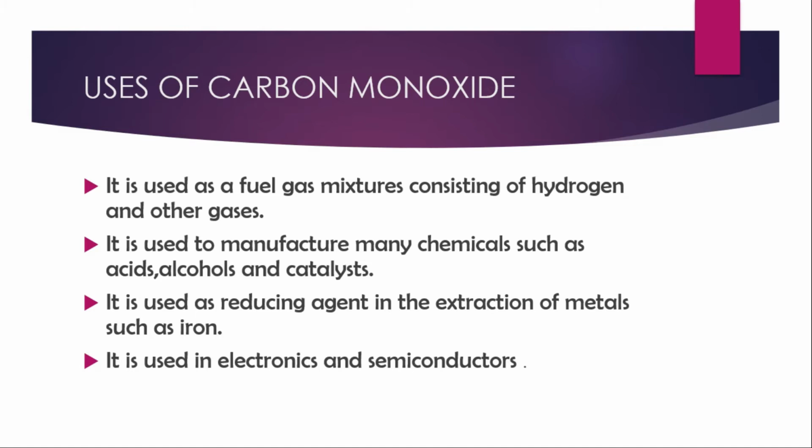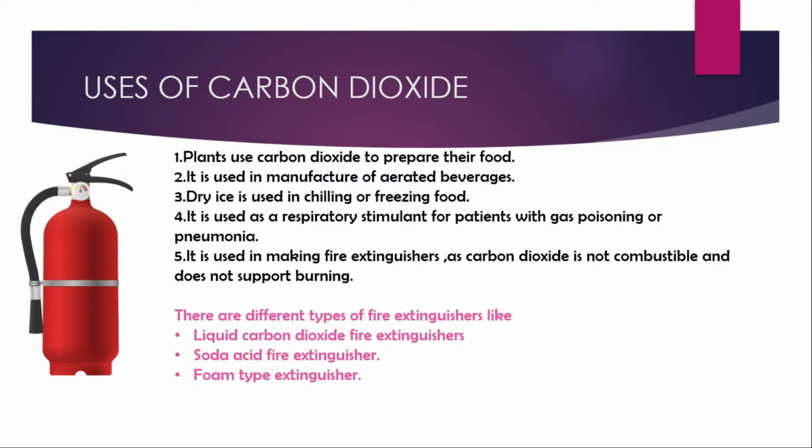When metal oxides react with it, there is a reduction reaction leading to the formation of a pure metal. Carbon monoxide also has a role in electronics and semiconductor applications and industries.